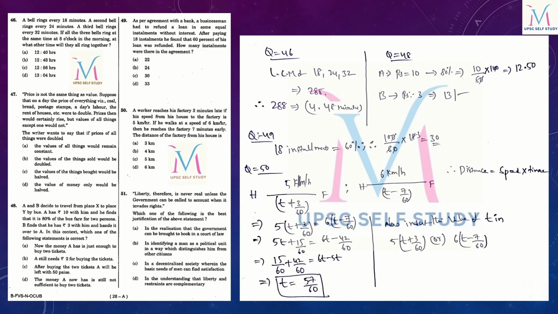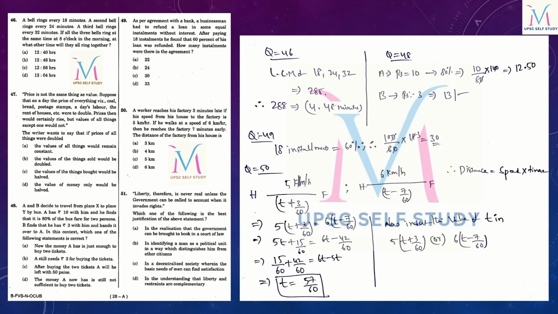A has rupees 10 with him and he finds that it is 80% of the bus fare of two persons. So among A and B, A has 10 rupees and the 10 rupees is equal to 80 percent of the bus fare, the bus charge of those two persons.